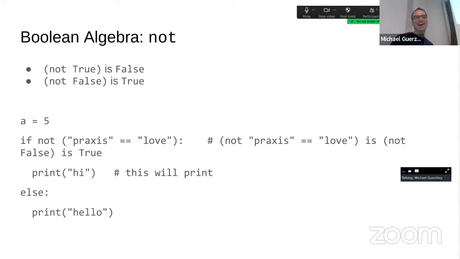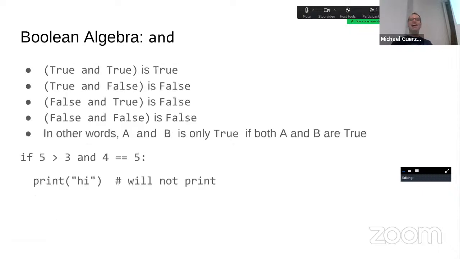Okay, so all right, so and. This is how and works. Sorry, quiet down, please. So it's useful to first think about it like this. I want to say, if it's both the case that 5 is greater than 3 and 4 is equal to 5, then print hi.